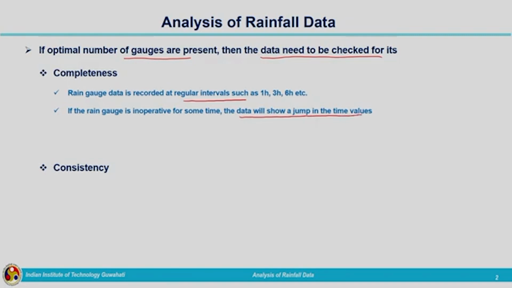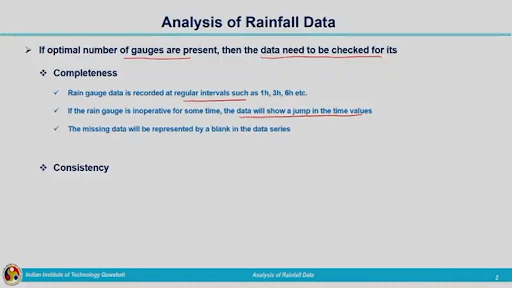Suppose the rainfall data is recorded at 9 am in the morning, and because of some issues related to the rain gauge, it couldn't record the data for certain time and started recording again after 11 o'clock. So, in between, 2 hours of rainfall data is missing. This check we need to make sure of before making use of these data for any application.